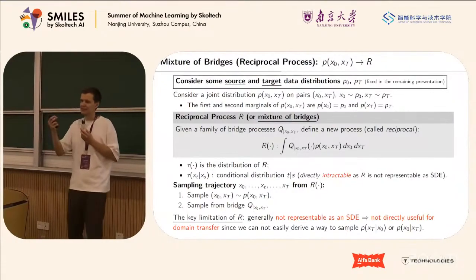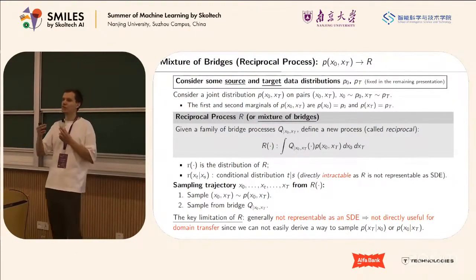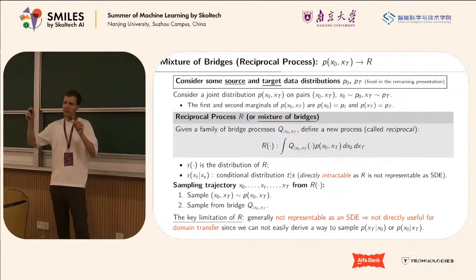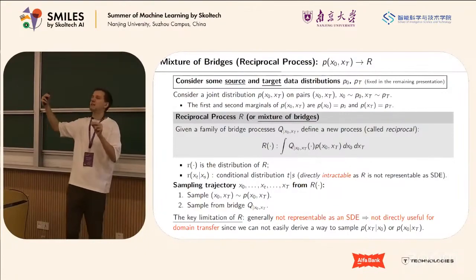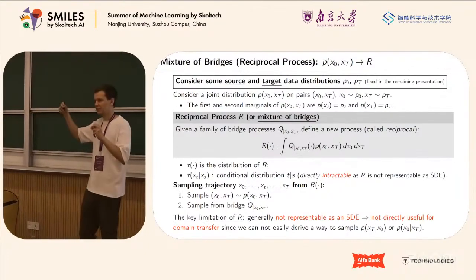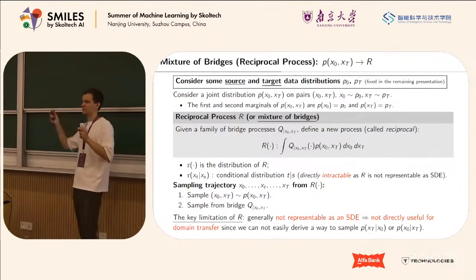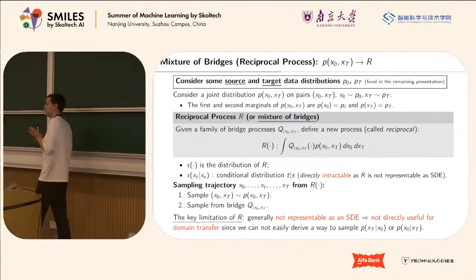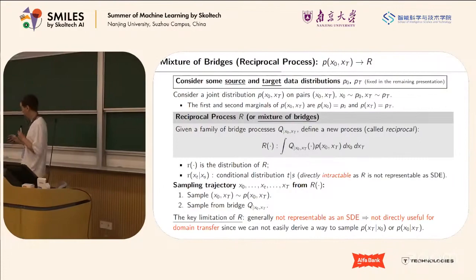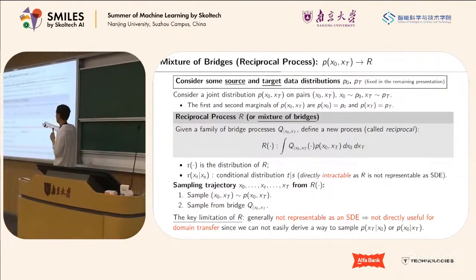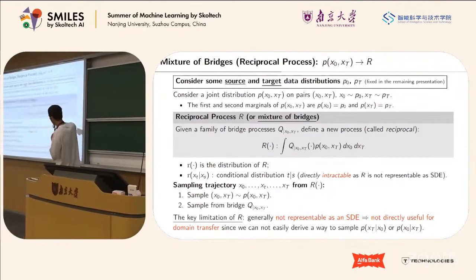This is very similar to what we discussed in flow matching, but in flow matching we sampled two points from input and target and connected them with a straight line. Now we allow connecting the two points by some arbitrary diffusion bridge process. That's it, which is more complex, but at the same time more general. This notation defines the reciprocal process, which means that our process is a mixture of diffusion bridges.